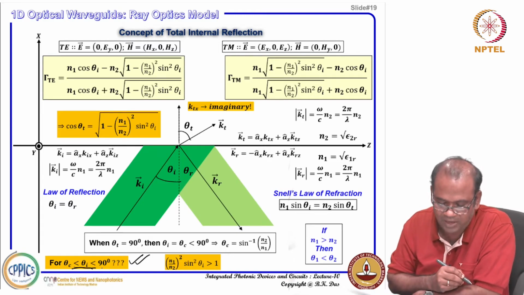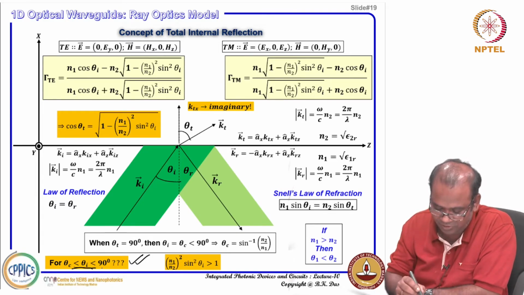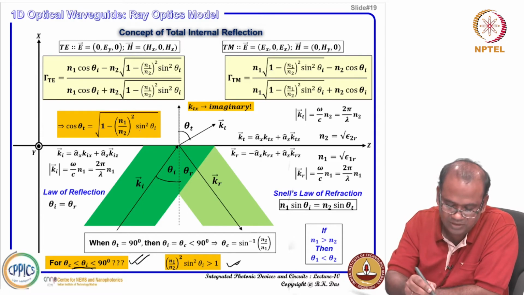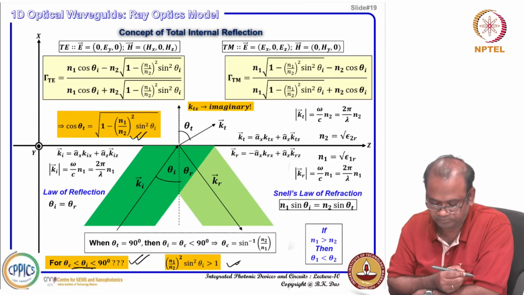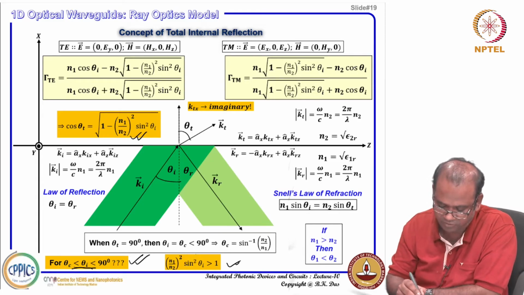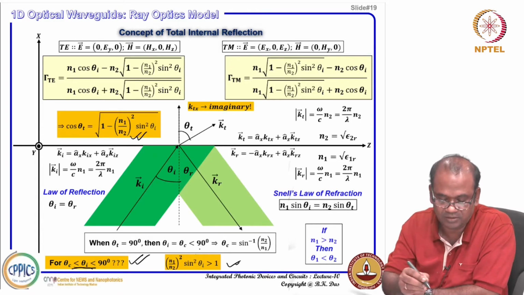So, in that case what will happen? If you see this value, I am just concentrating on this one, n1 by n2 squared, at theta c it is n2 by n1, that will be exactly 1.